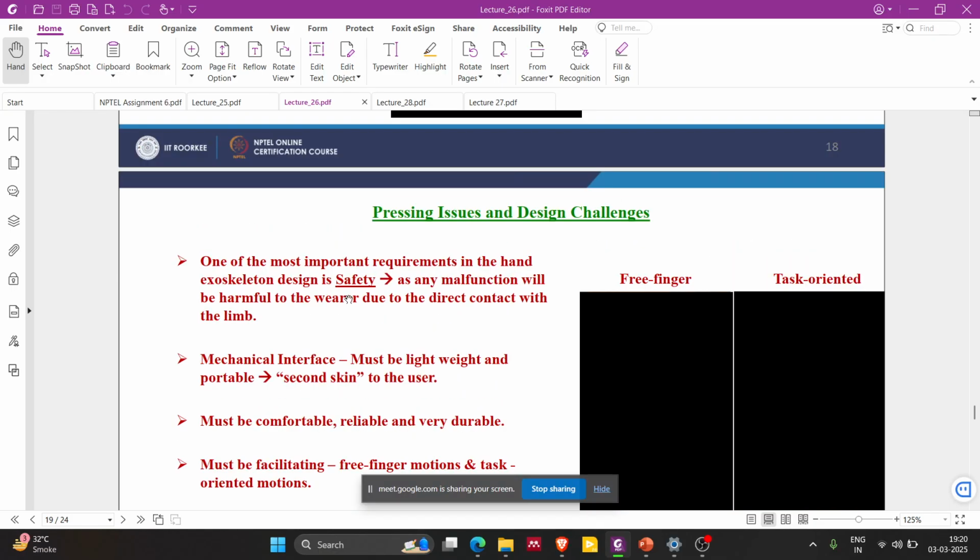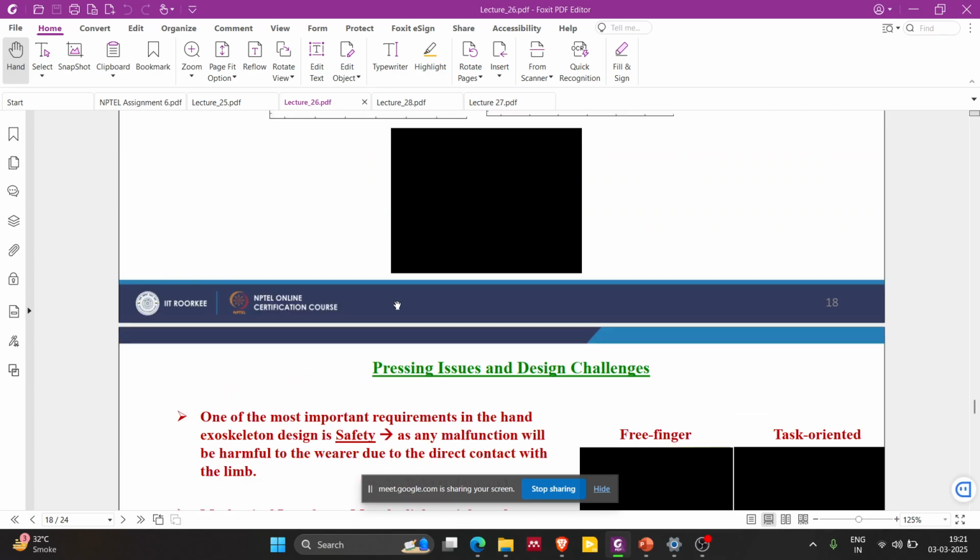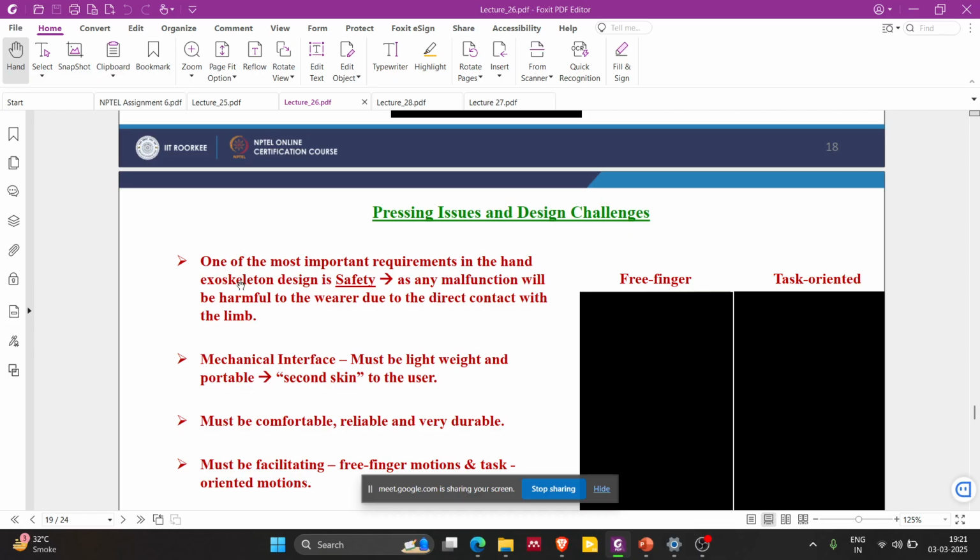I think it is applicable to every joint, not specific only to the hand. If you're making a knee exoskeleton, you should also take care, because those motors can bend your knee in an inhuman manner. So safety is one of the pressing issues.